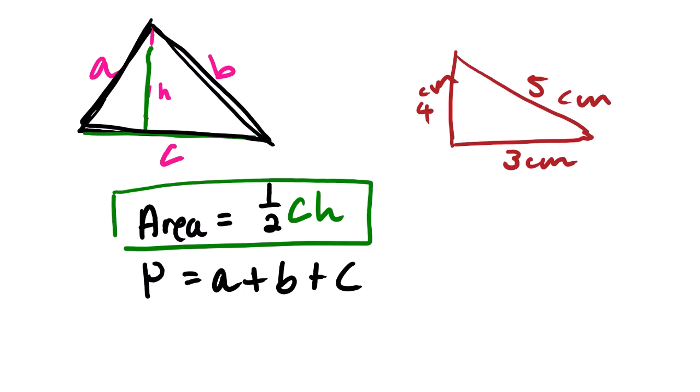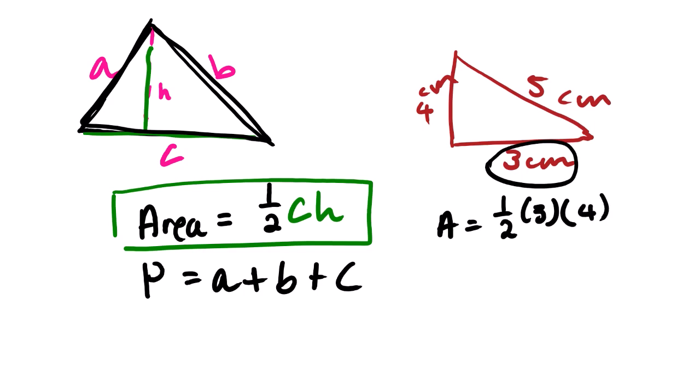Suppose we have this triangle, we want to calculate the area and the perimeter. So you're going to say half, our base is 3 multiplied by the height, which is 4. 3 multiplied by 4 is 12. 12 divided by 2 is simply 6 centimeters squared.